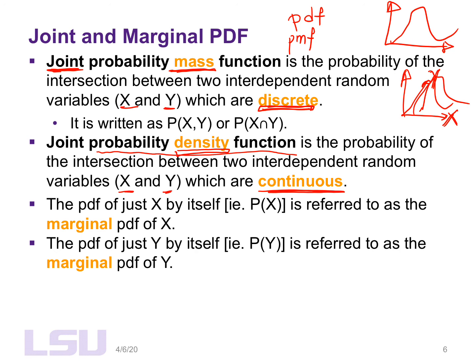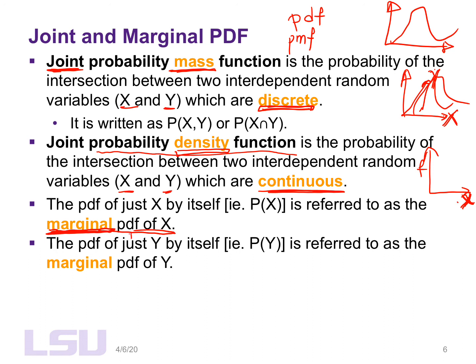Now, although they are interdependent, right? X and Y are interdependent, you could still get the probability of just X. And in that case, it's going to be referred to as a marginal probability. So the marginal PDF of X will be this kind of plot.